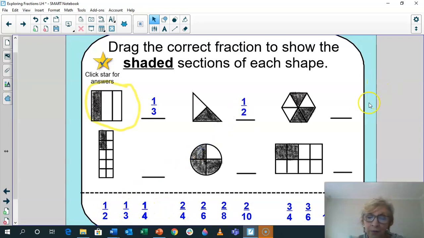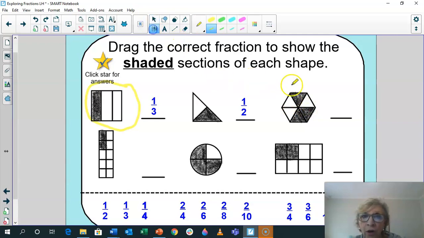And in this diagram, well, let's count. We have got 1, 2, 3, 4, 5, 6 little equal parts there. And 3 out of 6 are shaded. In fact, it's the same as half.